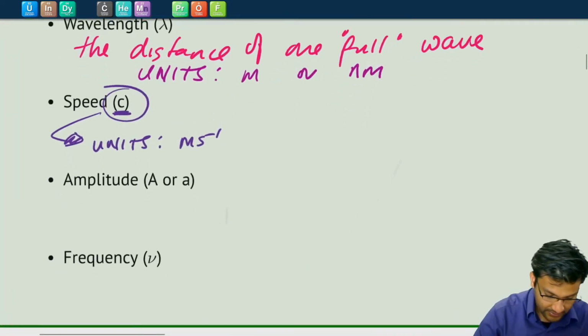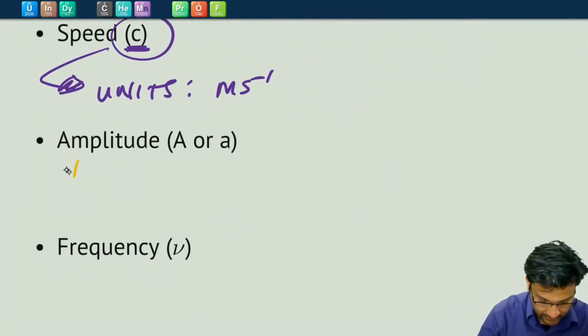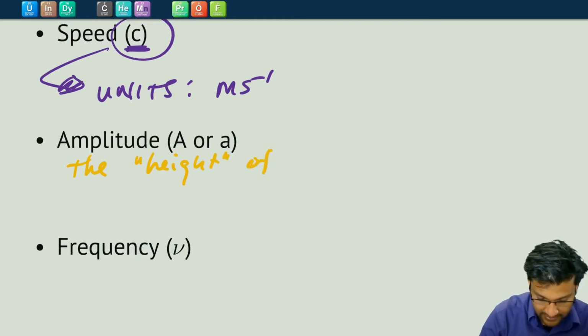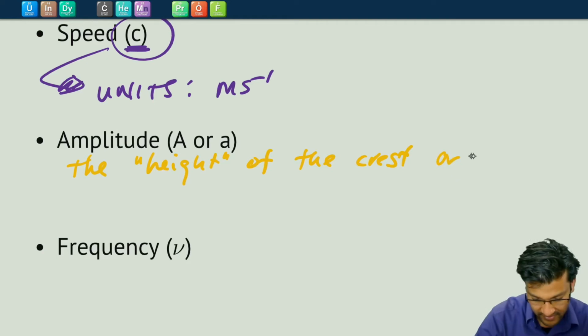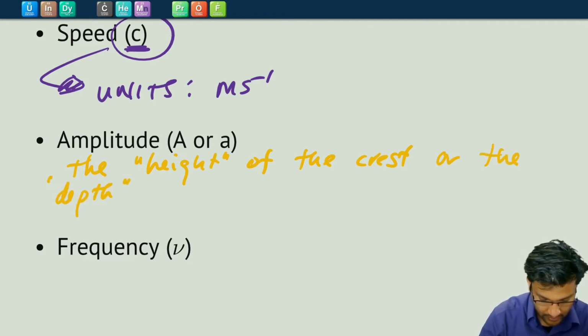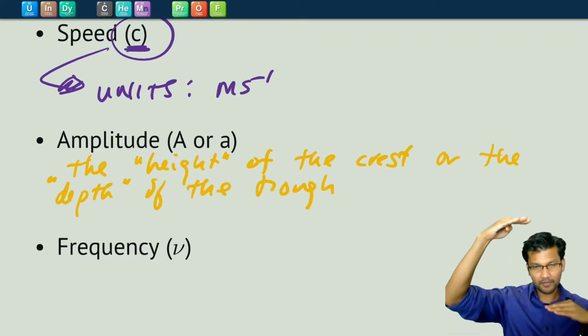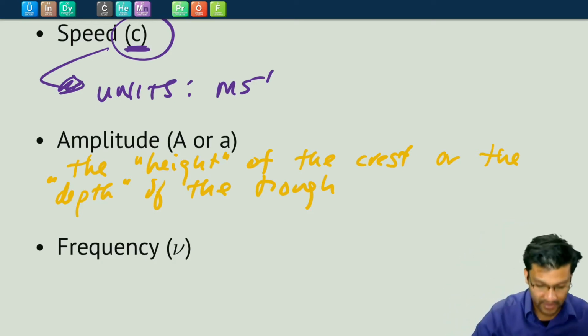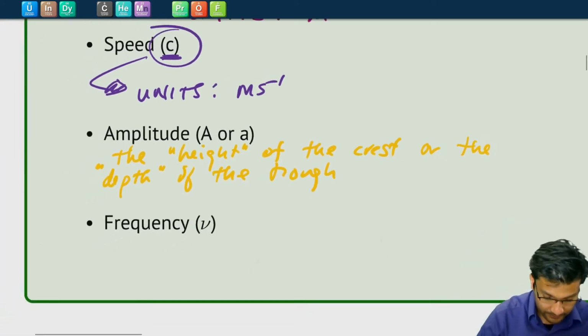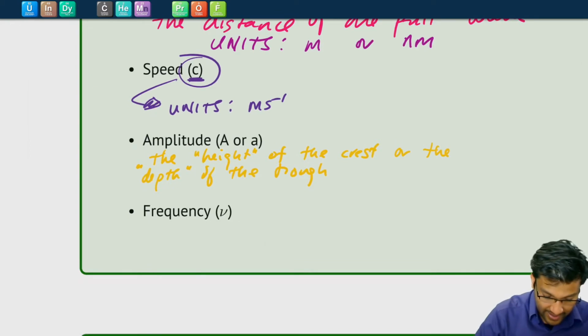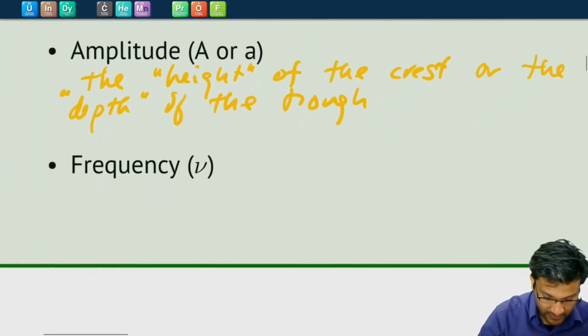So the amplitude is simply the height of the crest, which is the topmost point, or the depth of the trough, the lowest point. So from the middle to the top is the amplitude, or from the middle to the bottom, that's also the amplitude. Okay, and let's talk about frequency.